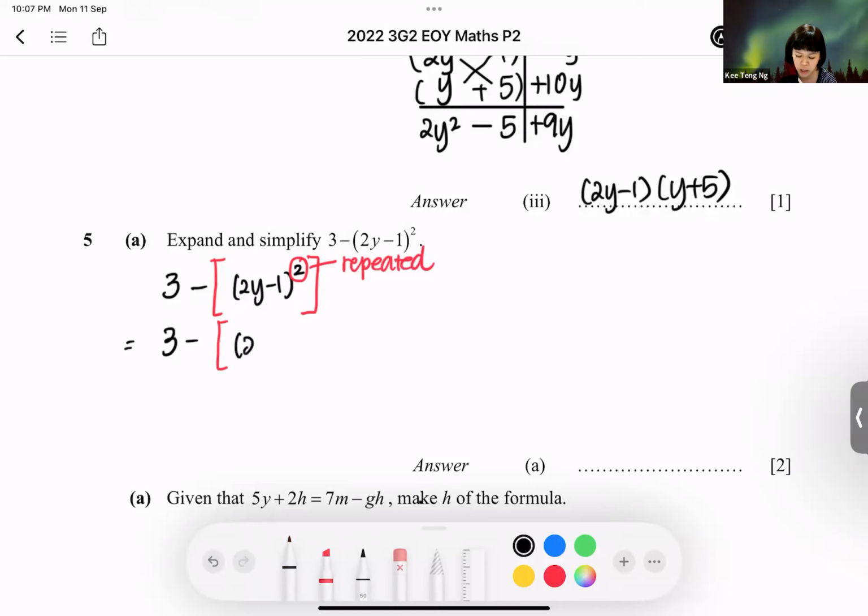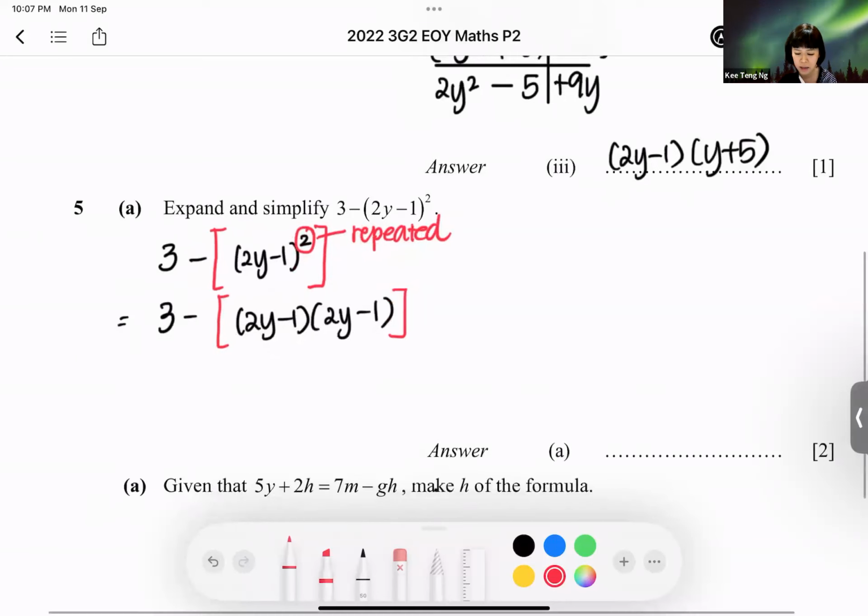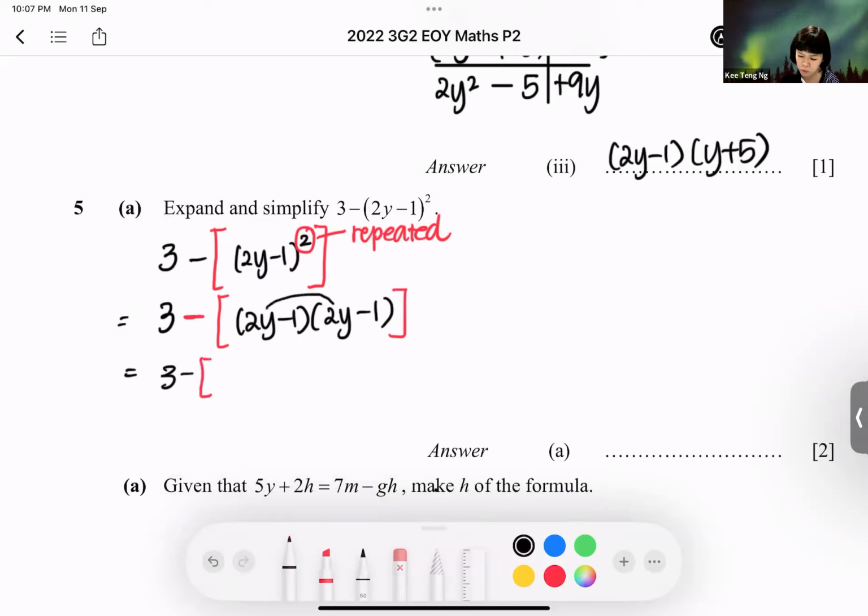So I'm going to do it as 2y minus 1, 2y minus 1. Notice I wrote an additional big square bracket. There's minus here, so later the sign may change. So let us do this one first. So this is 3 minus big bracket 2y times 2y, 4y square, negative 2y, negative 2y, negative times negative, positive 1.